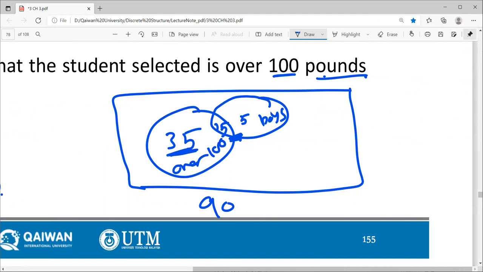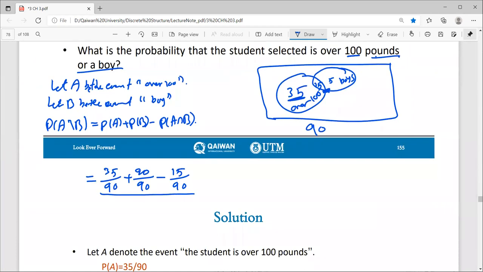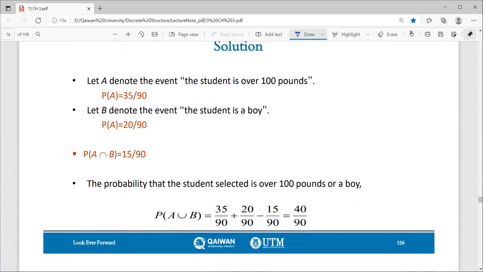Probability of boy, we have 20 boys, 20 over 90, minus the probability of their common. The common is 15 students, 15 boy students, so 15 over 90. You just find the result of this. It is 40 over 90. Okay, so the result is that.